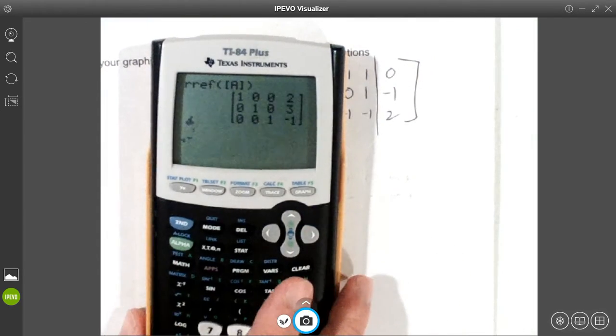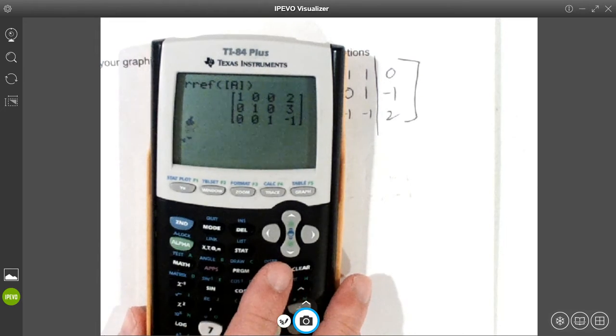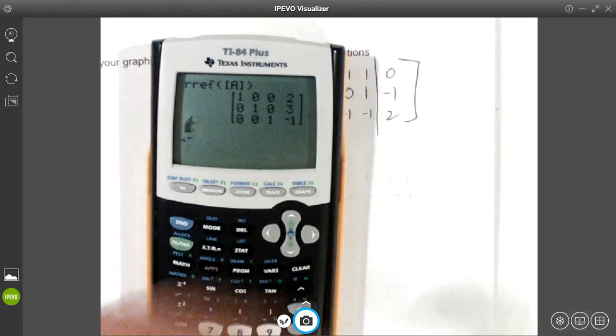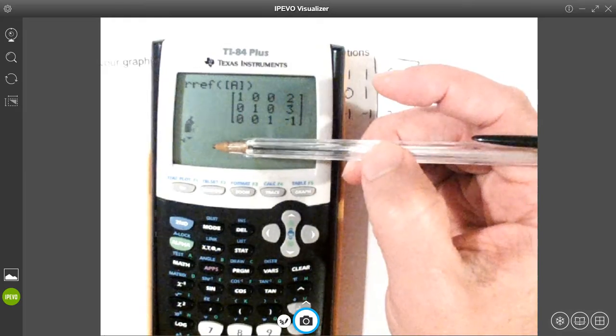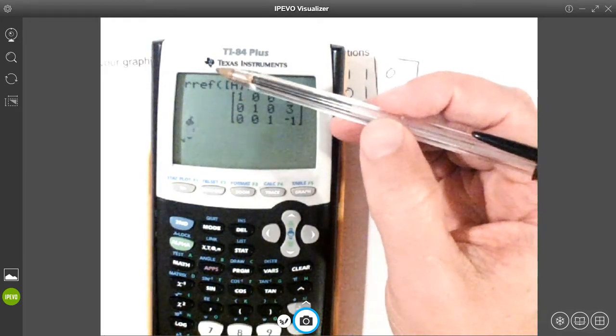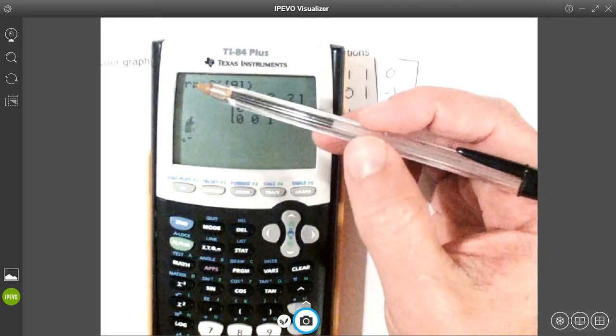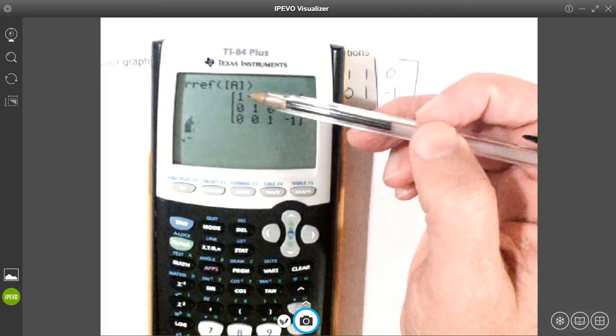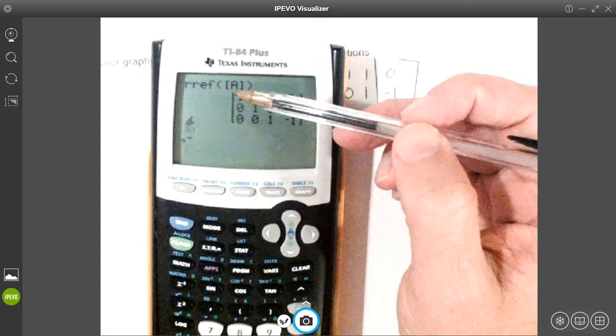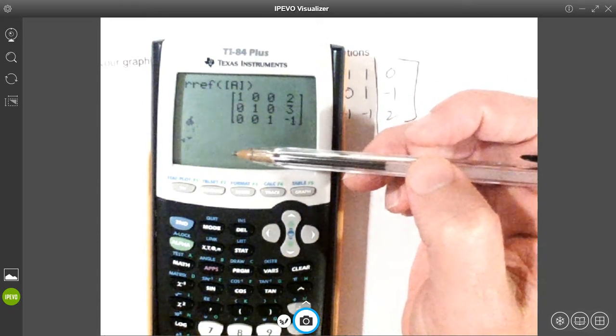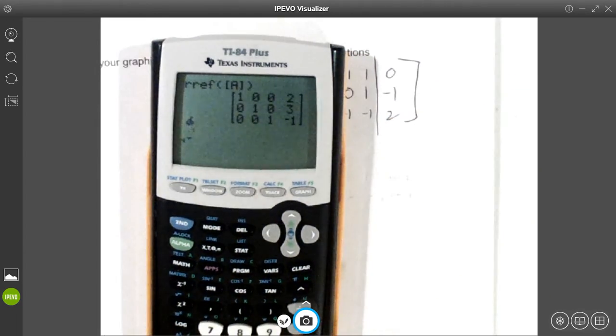So second quit. Now let me show you a neat little hack here. If I hit enter again, it's automatically going to give me the reduced row echelon form of matrix A. But now matrix A is completely different, so that's what we wanted to do. We don't need to go back through all that. If I hit enter again, it's going to give me this new matrix.